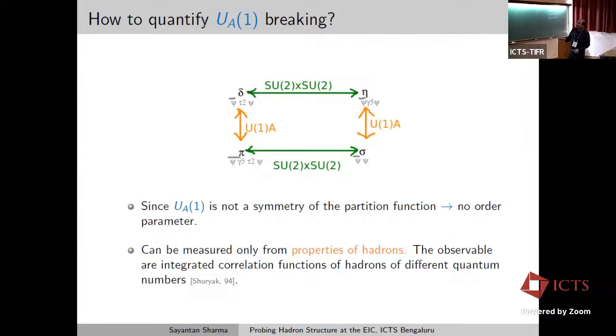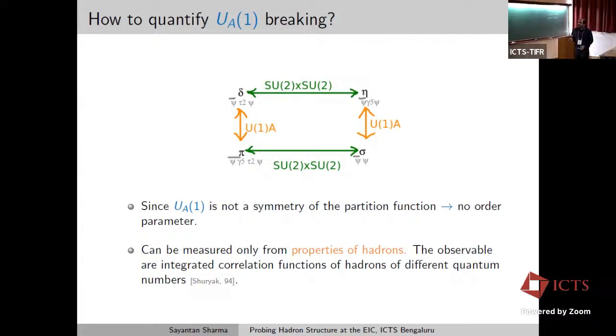When the chiral symmetry is restored, these partners, the correlation functions, become degenerate. Similarly, sigma and pions become degenerate. Whereas if UA1 is effectively restored, then sigma and eta should become degenerate, and on the other side, pion and delta should become degenerate.